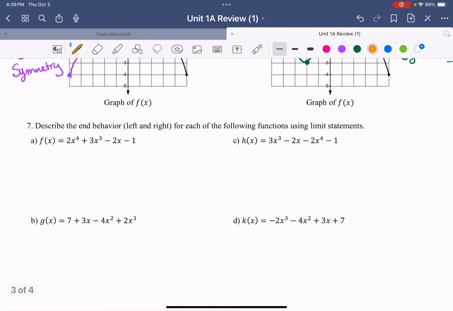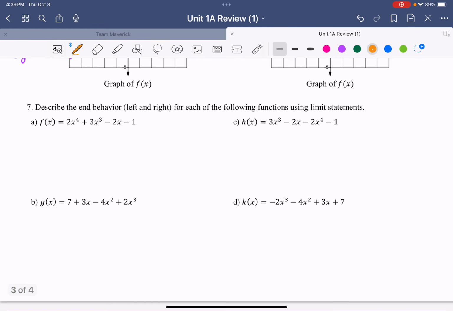All right, so here we want to describe the end behavior of each of the following using limit statements. Okay, so I'm going to look for the leading term, which would be this. That is a positive leading coefficient, so the right side goes up. Then the degree is even. It is not necessarily an even function, but the degree is even, so the left side is the same.